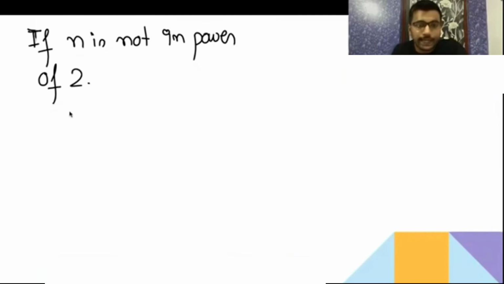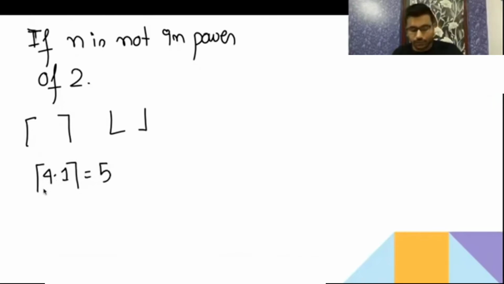Now see, n equal to 20. The only thing that will change is you have to tell whether it is going to take ceil or floor. Okay, this is ceil and this is floor. Ceil means if you take ceil of 4.1, it is going to be 5, the next bigger number. If you take floor of 4.1, it is going to be 4, the lower number.